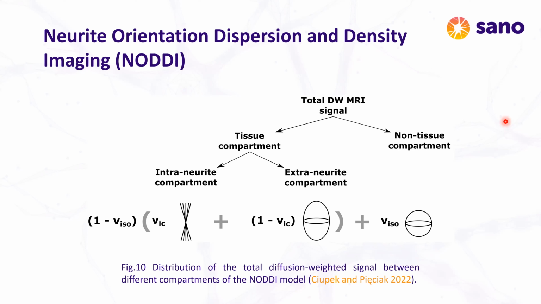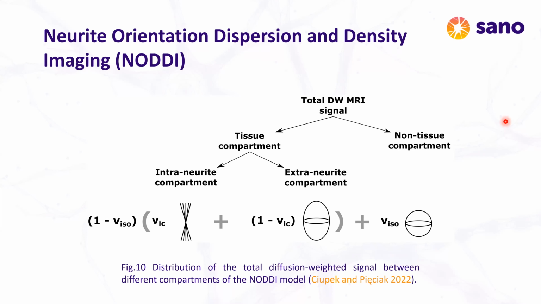The non-tissue compartment is the space occupied by the cerebrospinal fluid and is modeled as isotropic Gaussian diffusion, so as a sphere. The intraneurite compartment refers to the space bounded by the membranes of neurites and is modeled as a set of sticks.